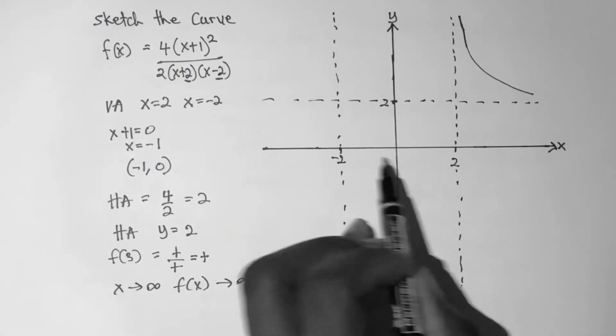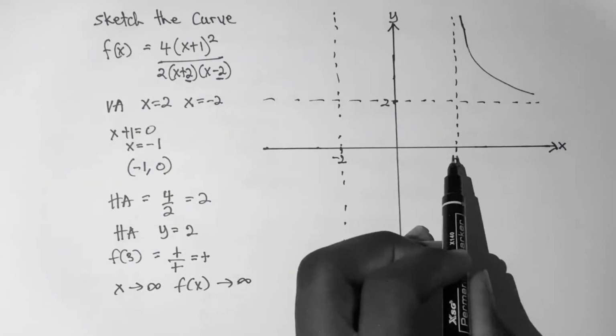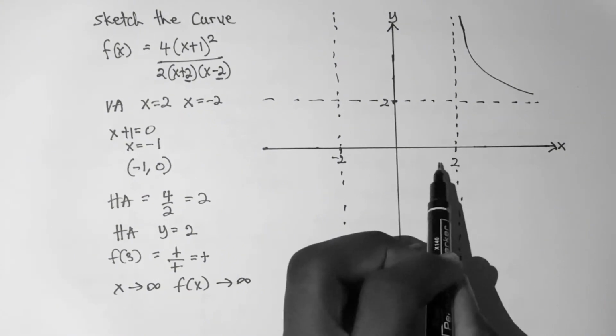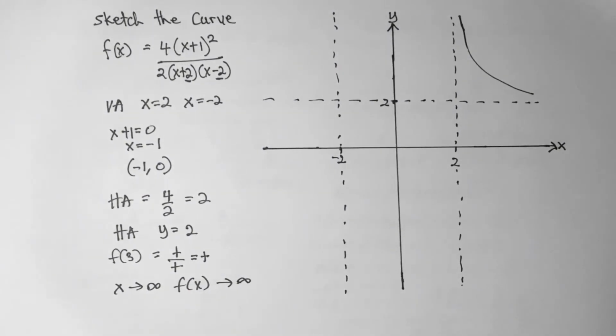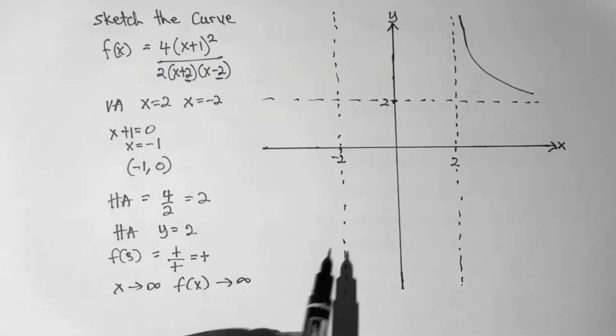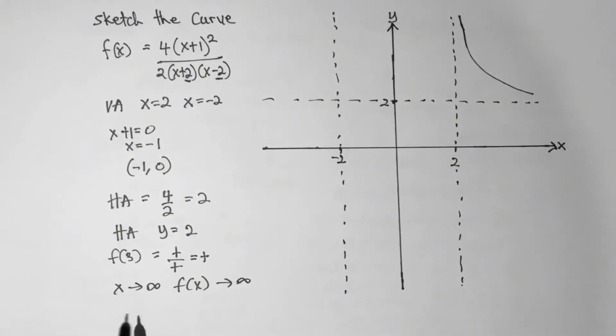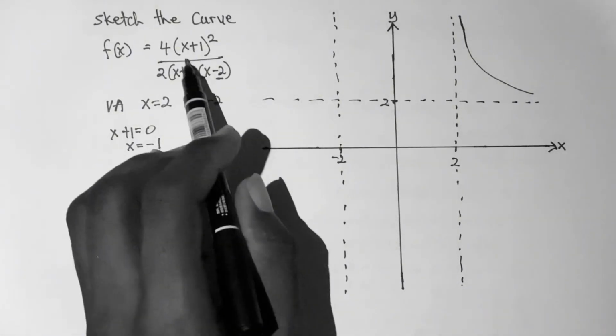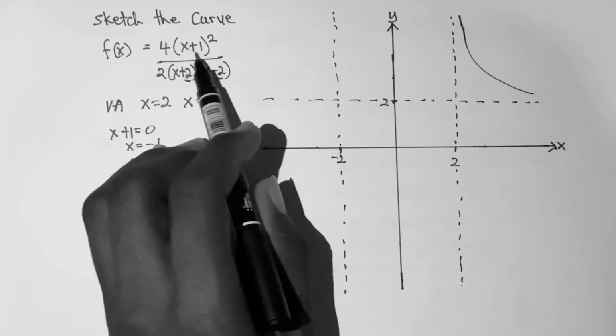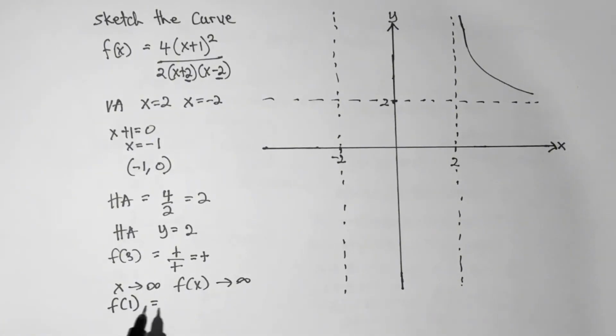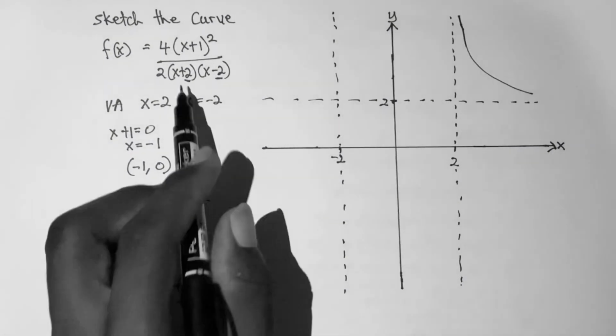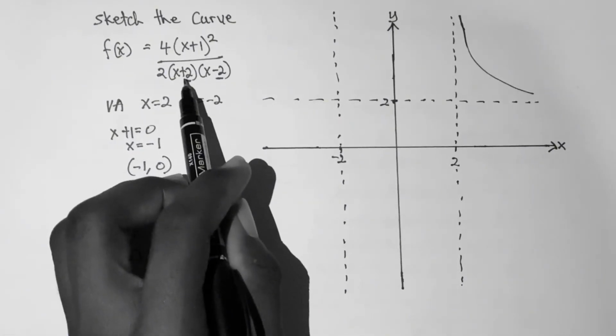Let's check this region. Let's look for the nature of the curve as x approaches 2. So now let's take a value like, let's find f of 1. So if you put 1 here, 1 plus 1 will give you a positive number. If you square it, you get a positive number, divided by 1 plus 2, which is also a positive number.